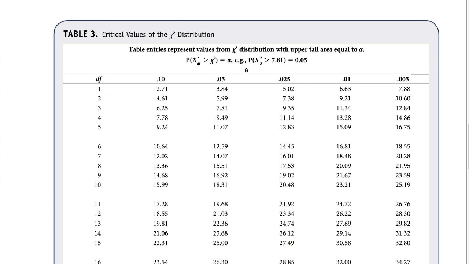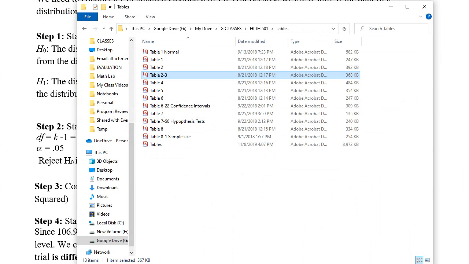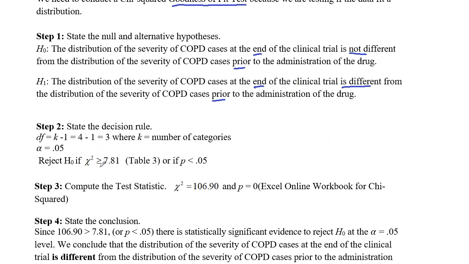So here's that table. Our degrees of freedom right there are 3. Alpha is 0.05, and the intersection of that row and column is the 7.81. So that's where we got this number. Alternately, if p is less than 0.05, which is our significance level right here.